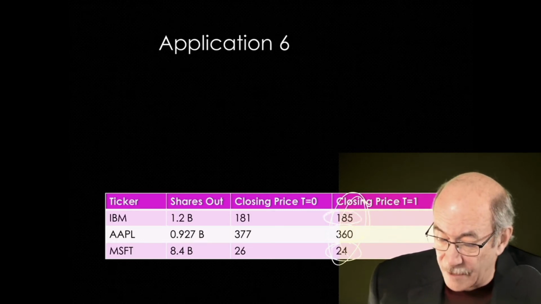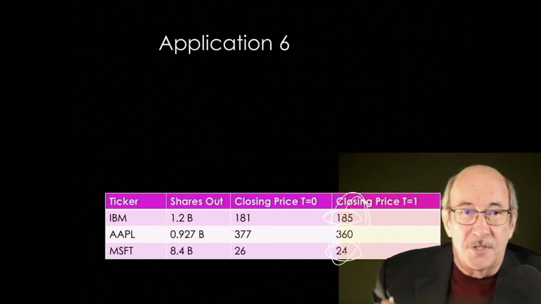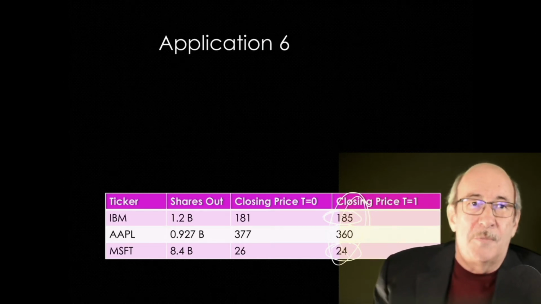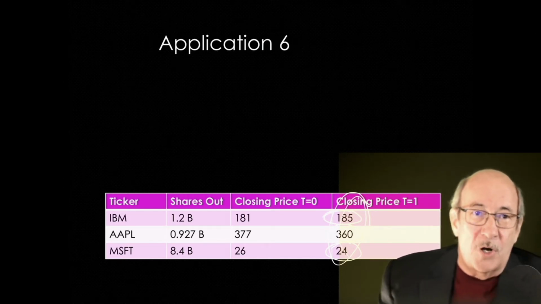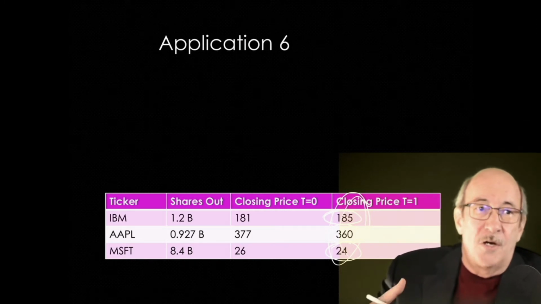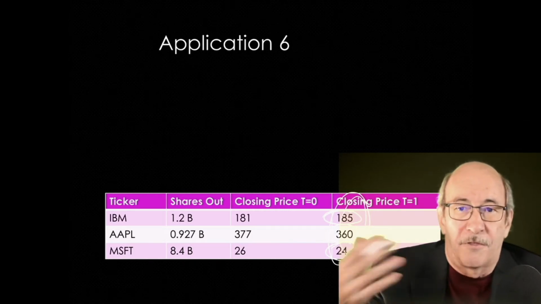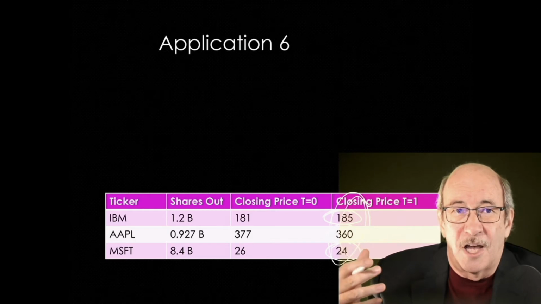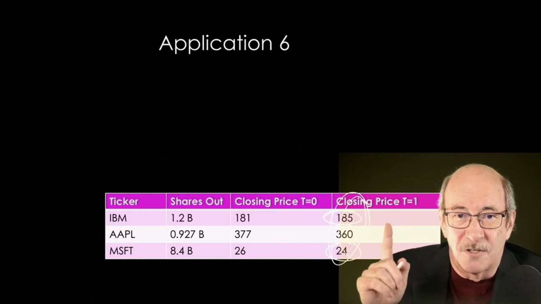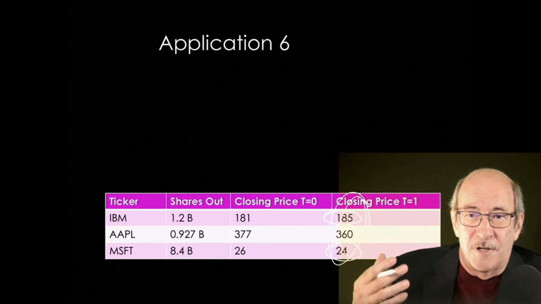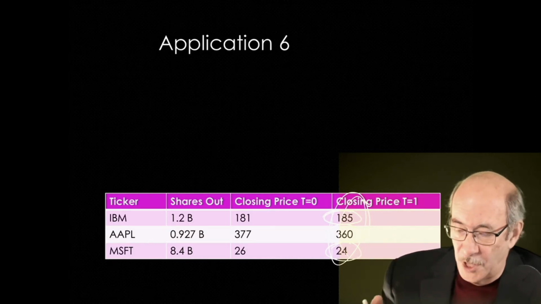Now the 185 is the price at which IBM closed, but immediately after the market closed, we said, we're going to issue 3 additional shares of IBM stock to everybody who has a single share. So now we have 4 shares instead of just 1.